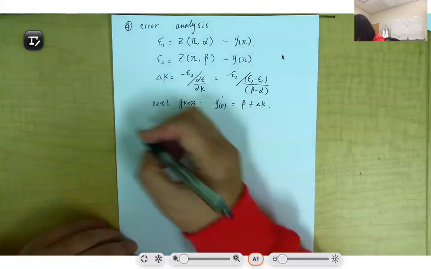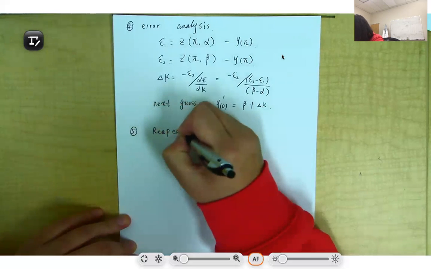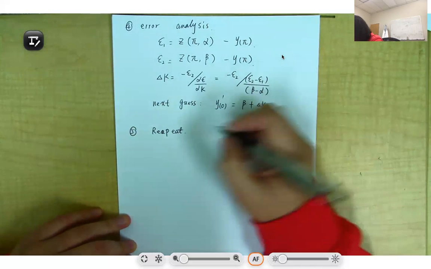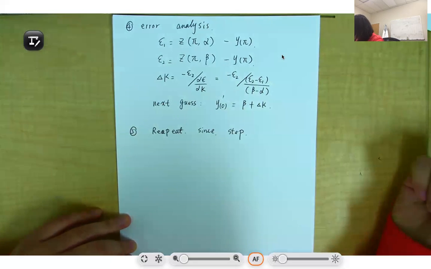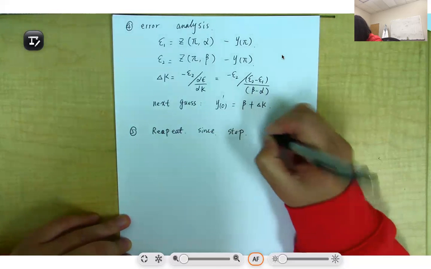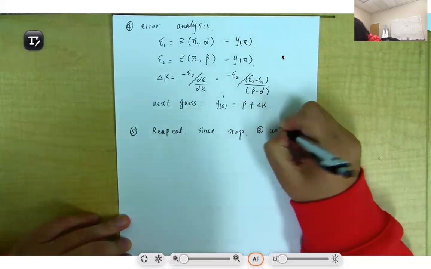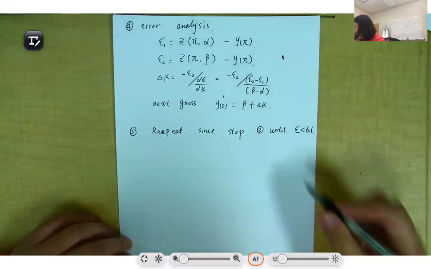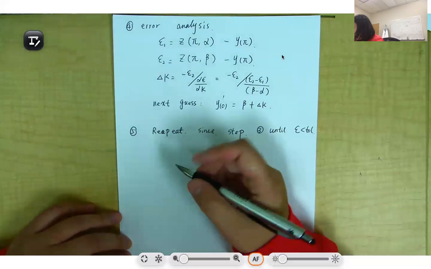So the fifth step will be to repeat from step 3, with the new guess, until the error is smaller than your tolerance. The tolerance is what you set up, then it will be done.